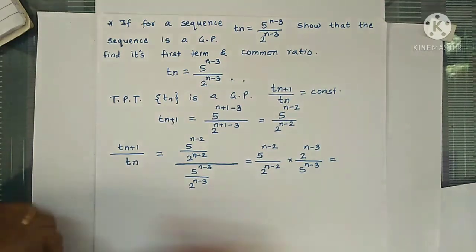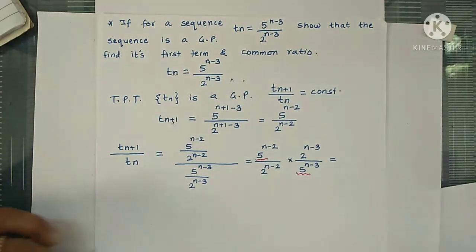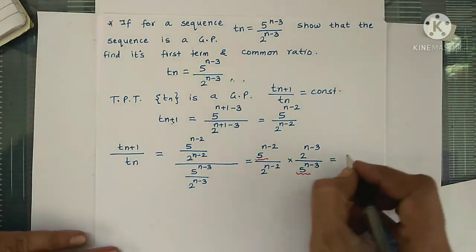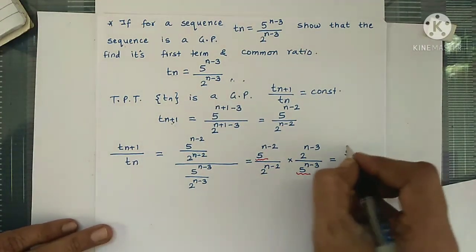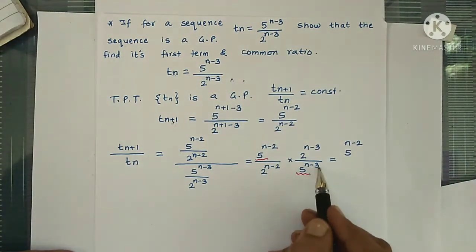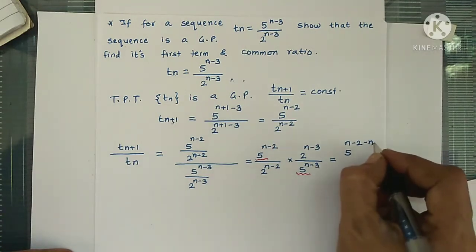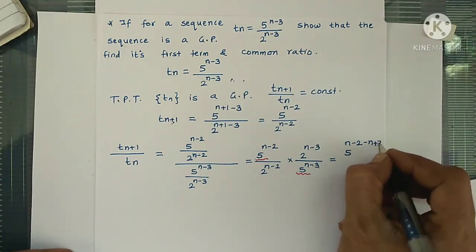So for these two numbers, base is same 5, and since it is division, we have to subtract the indices. So 5 raised to n minus 2, and we have to subtract n minus 3. That means we have to change sign of both the terms. So this becomes minus n, and here we have minus sign. So changing the sign we get plus 3.